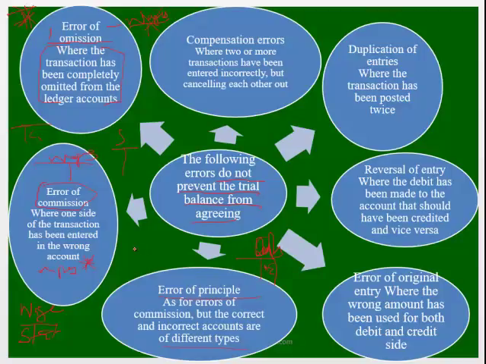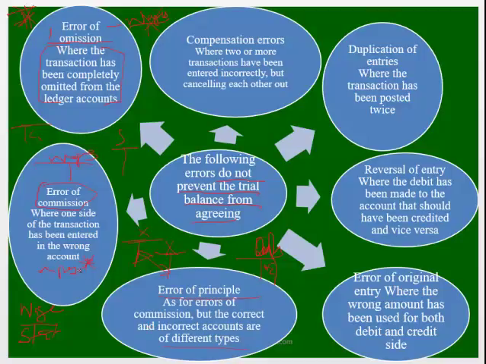So instead of motor vehicle account increasing by 2 million, it's my motor vehicle expense that will be increased. Both the expense and asset accounts have debit balances, but the problem is the asset account is not the same thing as an expense account. So that's what we call error of principle. The principle here is that I'm using a different kind of account. Asset account is different from expense account.